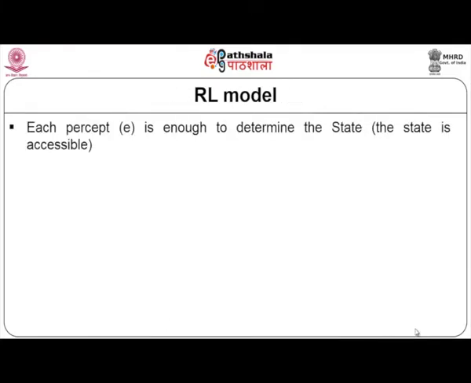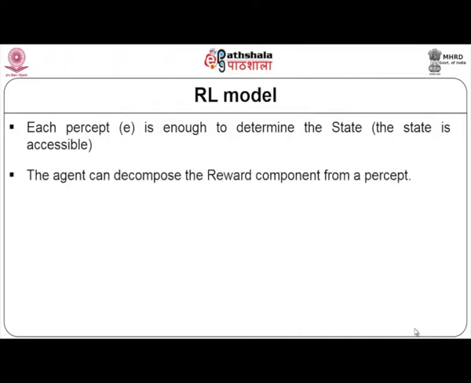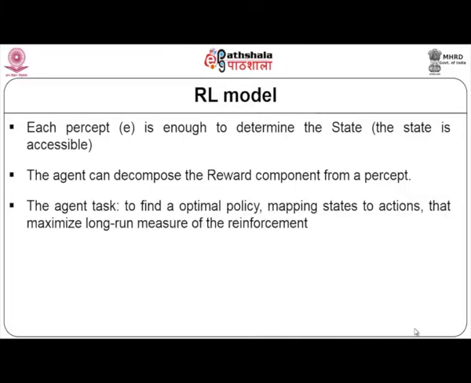Each percept is enough to determine the state, that means the state is accessible to the learner. The agent can decompose the reward component from a percept. The agent's task is to find an optimal policy mapping states to actions that maximizes the long-run measure of the reinforcement. Think of reinforcement as reward.